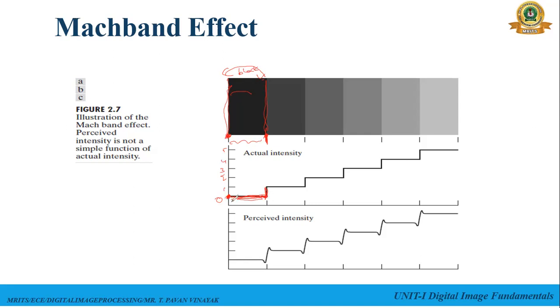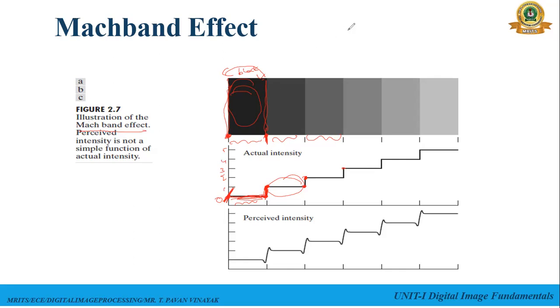But in between these two, the color is the same as this one. Now observe here. From here to here, the intensity is changed. But in between the region, we visualize the color of this intensity. Same thing. Here to here, we visualize the same intensity. So this effect is the Mach band effect.